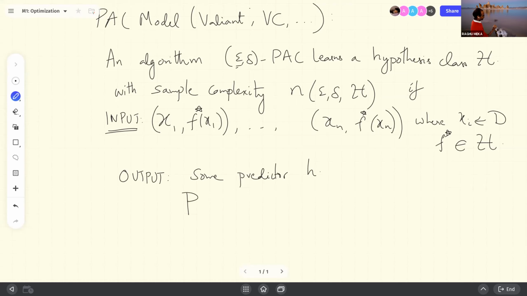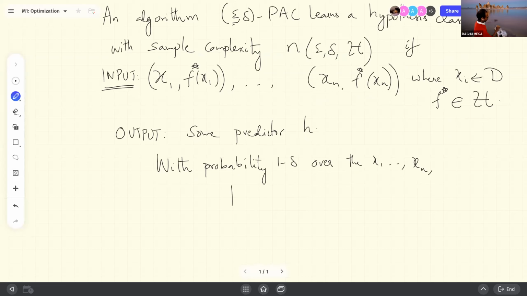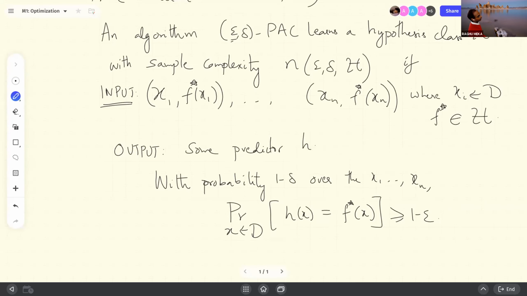And what we want is that with probability 1 minus delta over the x1 up to xn, okay.